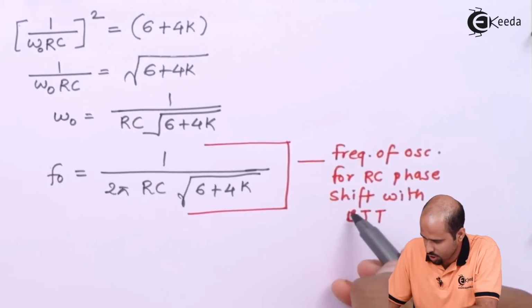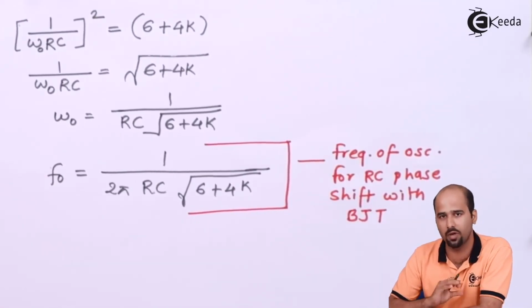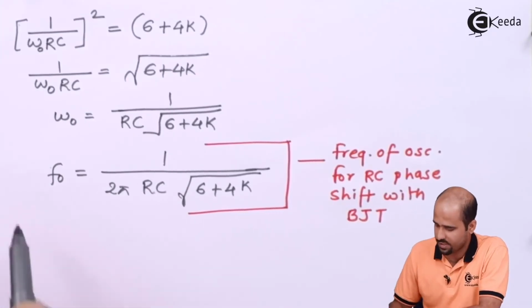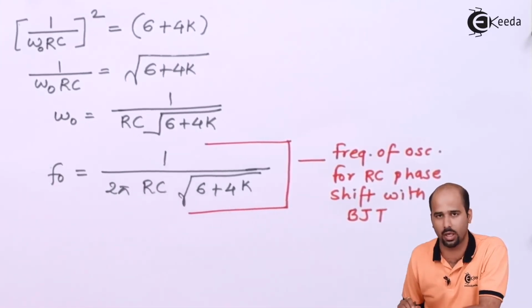With BJT is important, because if you are considering the FET case, it will have a different value. So F0 is 1 upon 2 pi RC under root of 6 plus 4k, right?